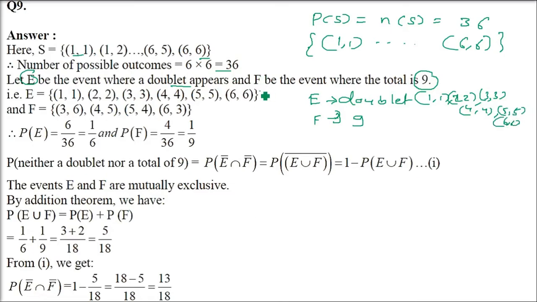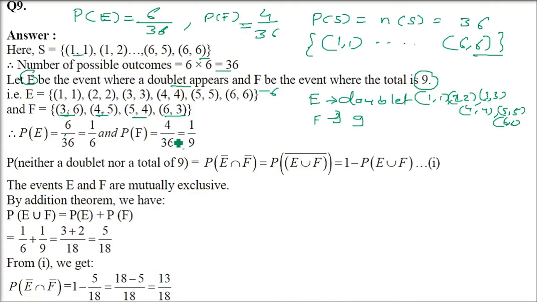Total doublets is 6, so P(E) is 6 by 36. And F is 9: 3 6, 4 5, 5 4, 6 3. So P(F) is 4 by 36. There are 4 favorable cases because 3 plus 6, 4 plus 5, 5 plus 4, 6 plus 3 is 9.